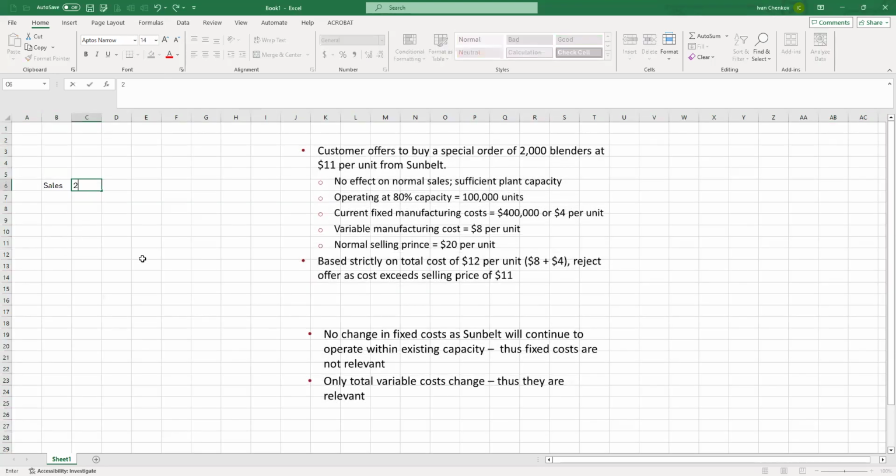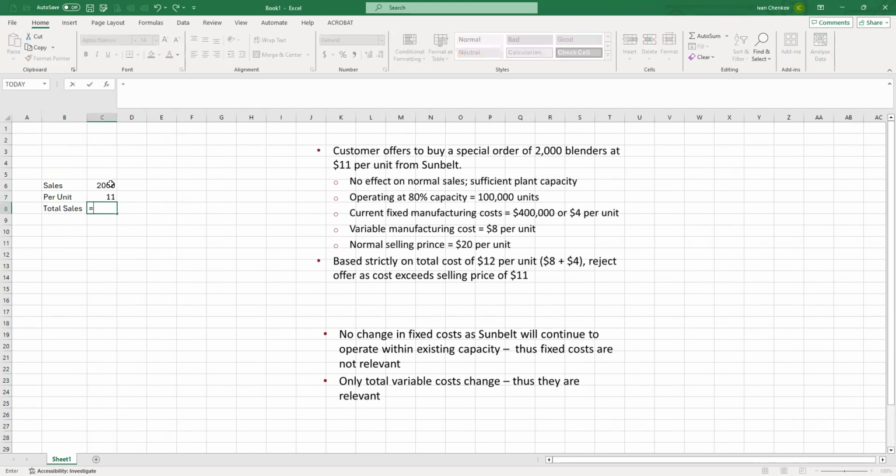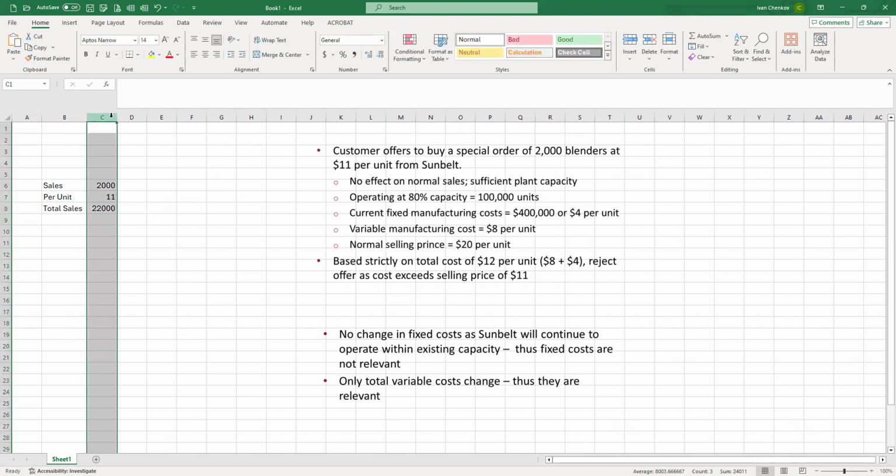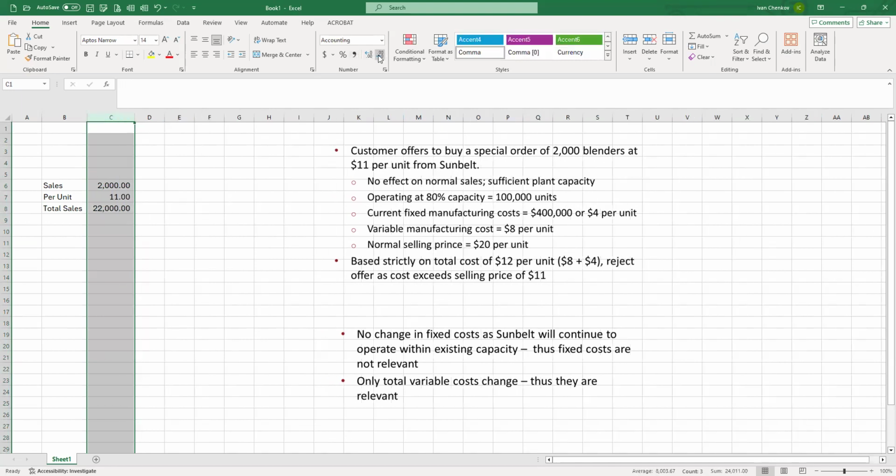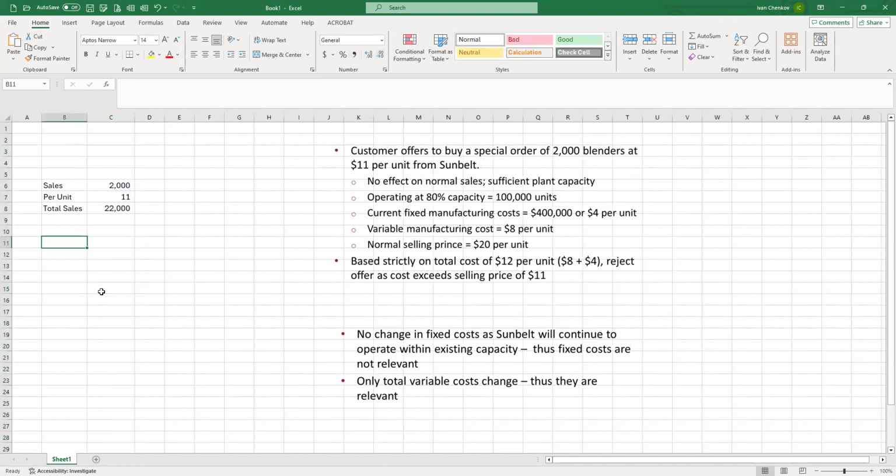Sales will be 2,000 units, and the price per unit is $11. So my total sales for this one time will be $22,000. That's my sales price. Now, let's see what would be my cost.